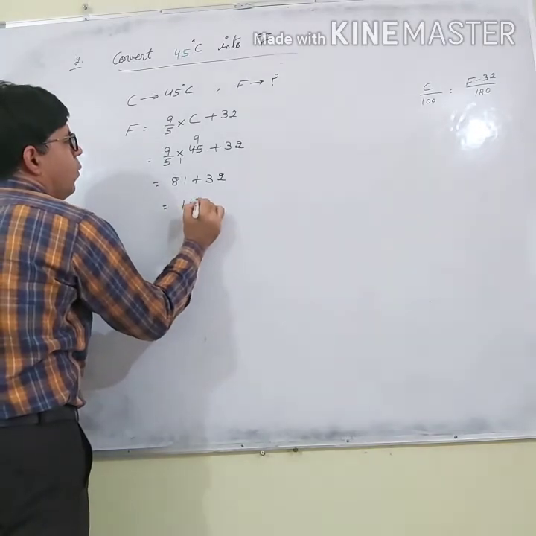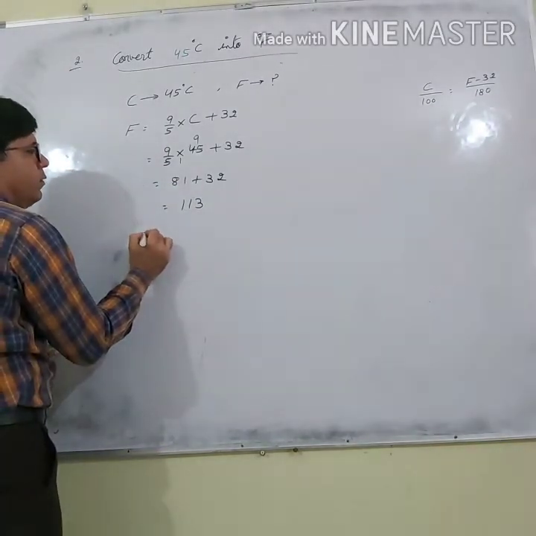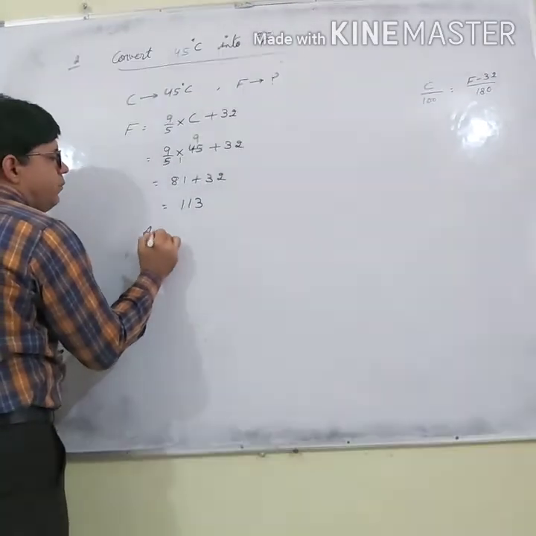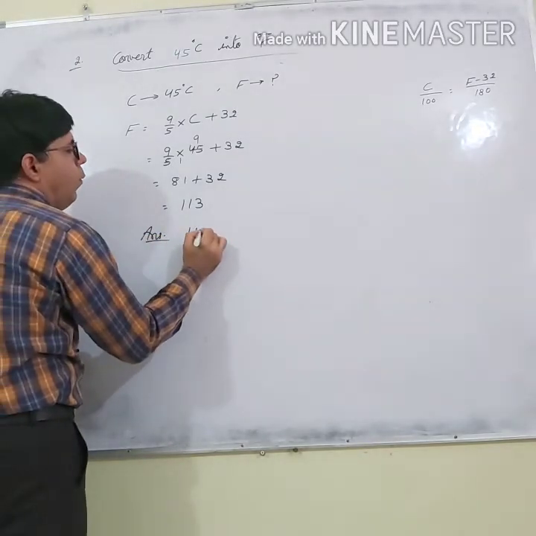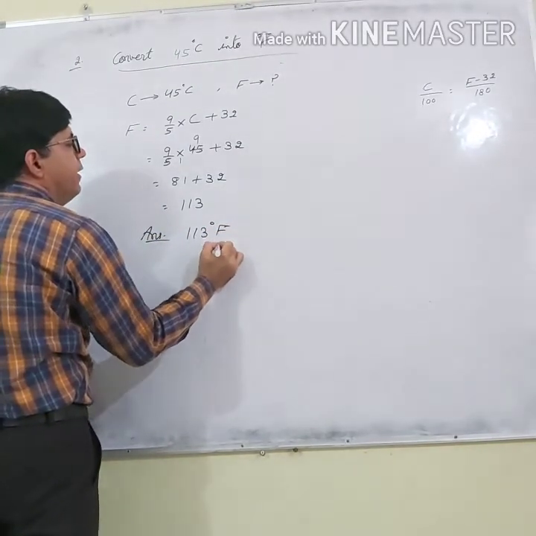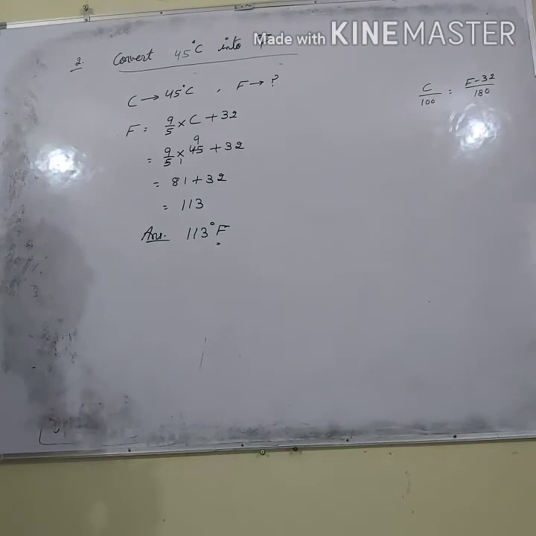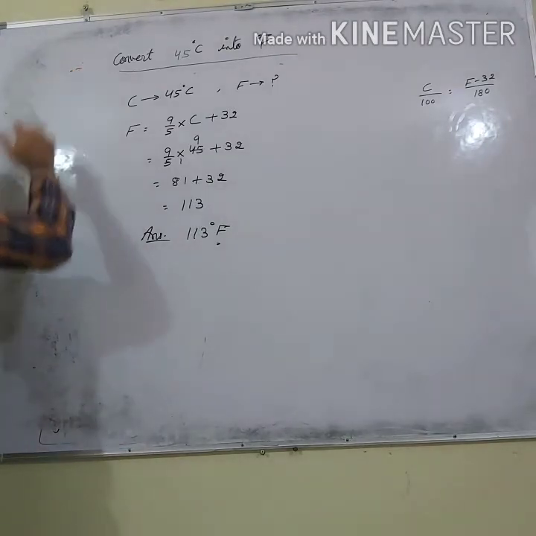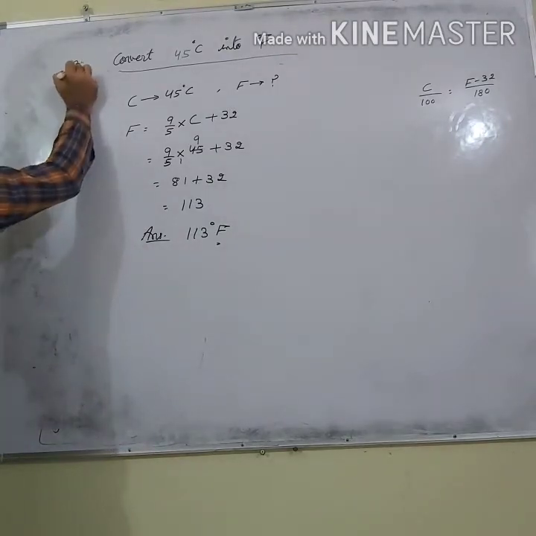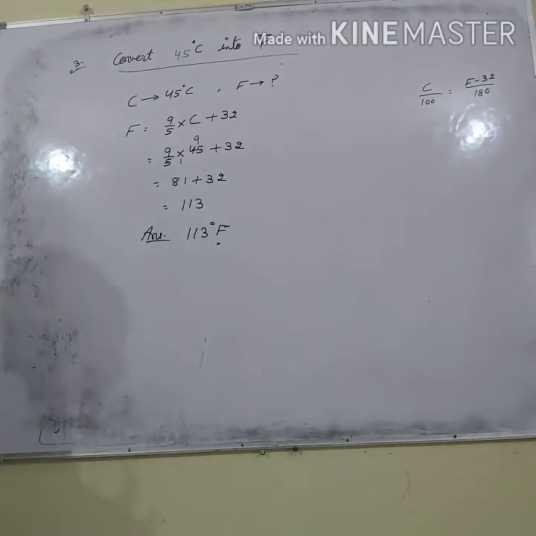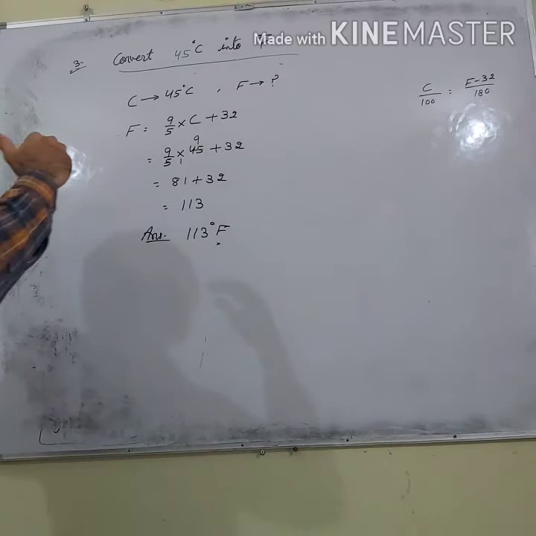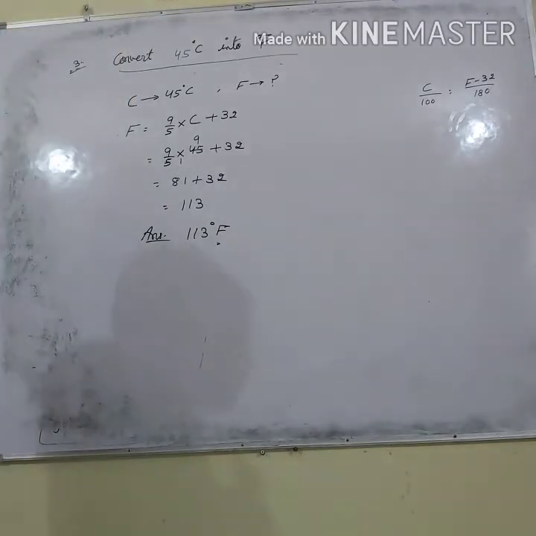Answer is 113. So I can say my answer is 113 degrees Fahrenheit. So this was question number 3. Okay. Now let's do conversion of Fahrenheit into Celsius.